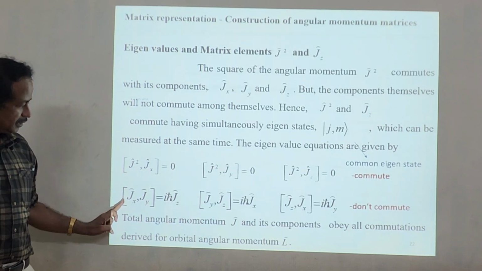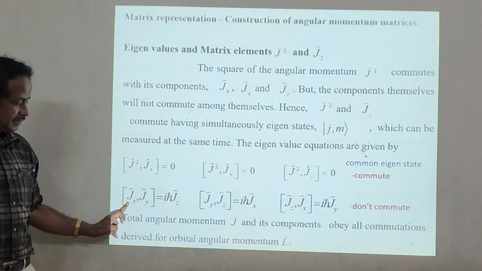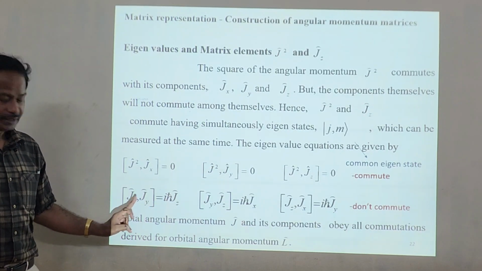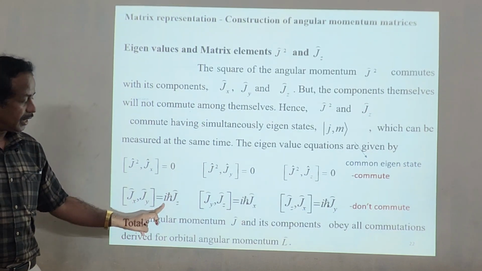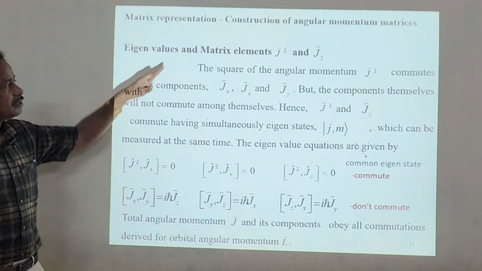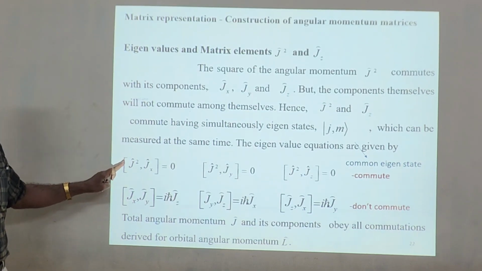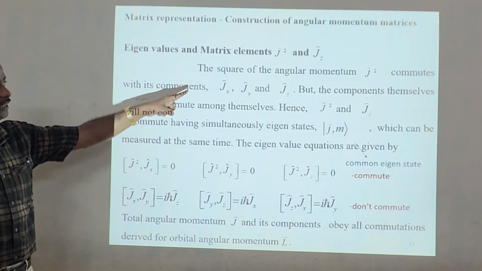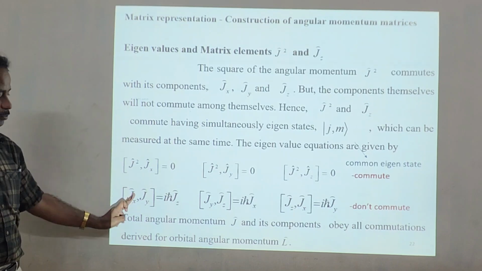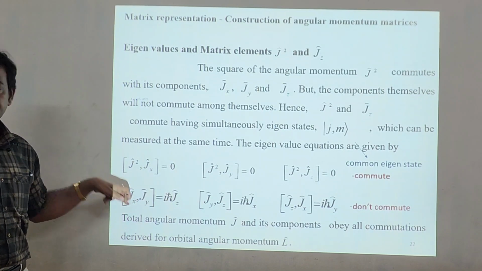Now, what about the components themselves? Jx and jy will not commute. The commutator of jx and jy will give you i h bar jz and other things. The square of the angular momentum j squared commutes with the components jx, jy, jz, but the components themselves will not commute. That is the first point.